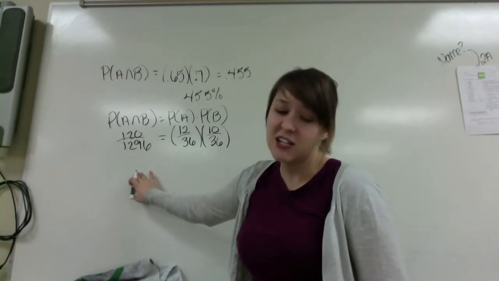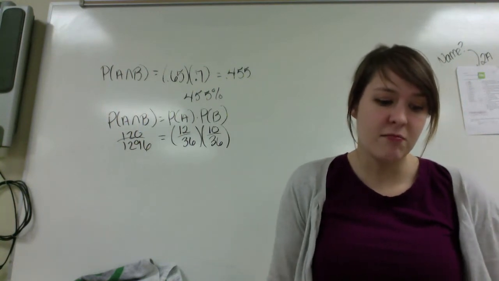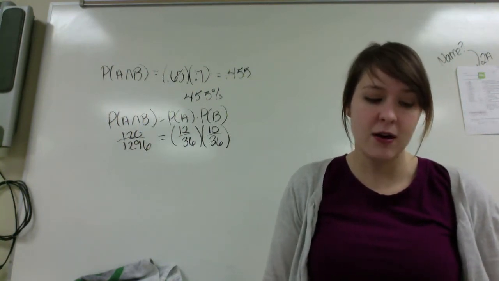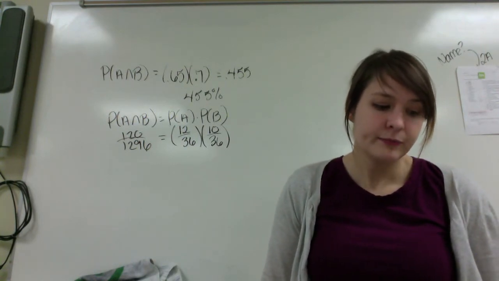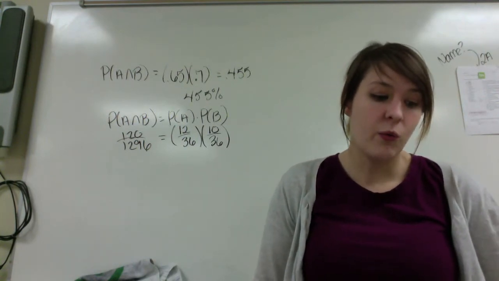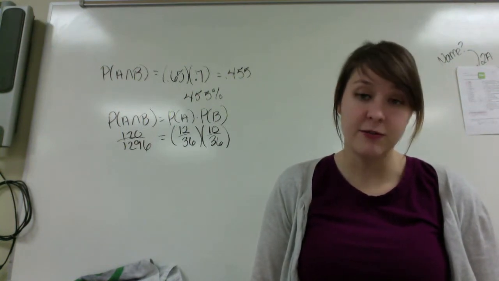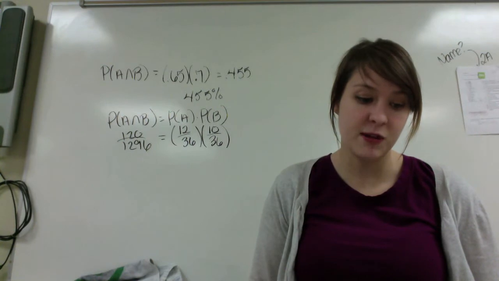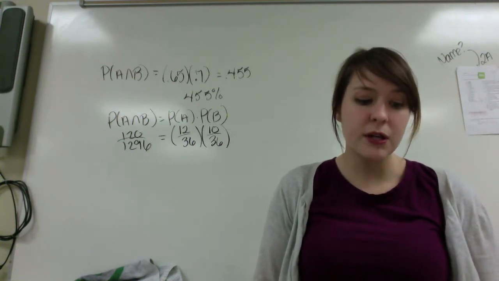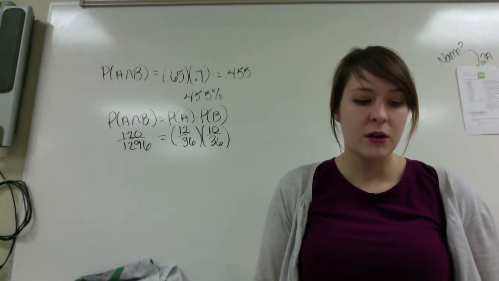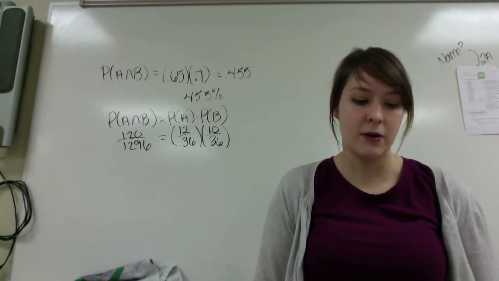But with this, I can actually calculate my intersection by just looking at my dice pairs that fall into both categories. So when I look at my list here, I can see that (1, 1) would fall into that category because my first die is less than 3 and I have a sum less than 5. (1, 2), (1, 3), (2, 1), and (2, 2), all of those would fall into that category.